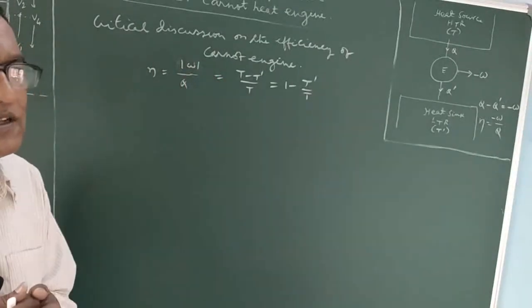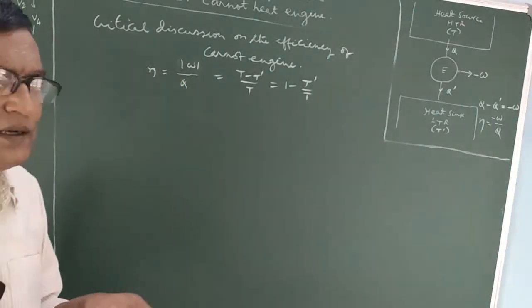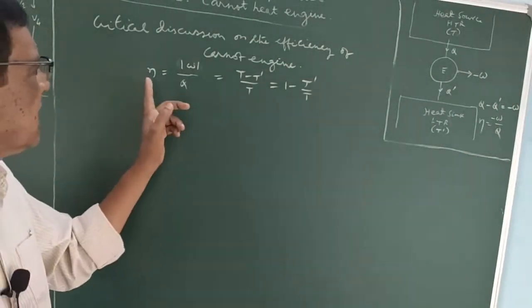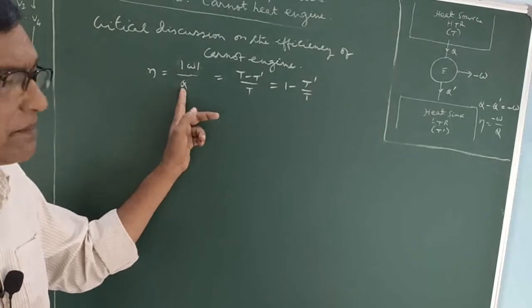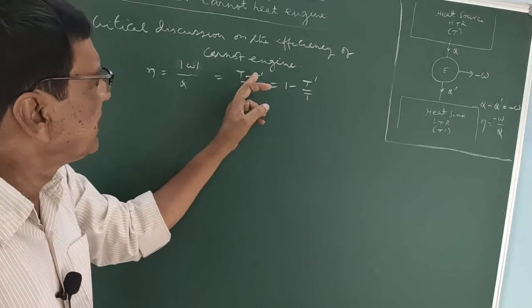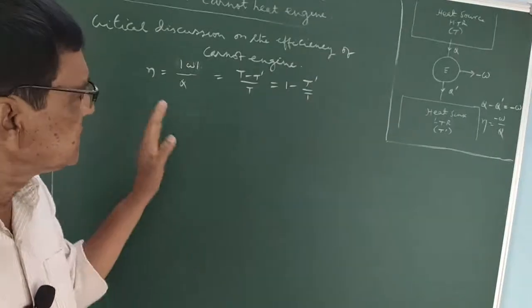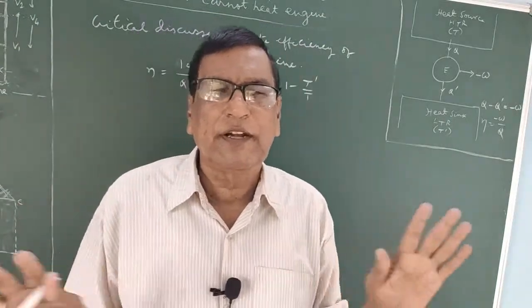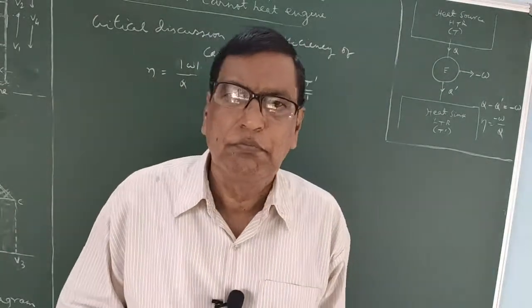This is the magnitude, and if we give a sign, then it is minus the work done by this engine according to the IUPAC convention. So this eta, the efficiency, equals the work done by this engine divided by Q, the heat supplied from the hot reservoir, which equals (T minus T dash) by T, or 1 minus T dash by T. This is the expression of the efficiency of the Carnot engine, which is a perfectly idealized engine, and the maximum efficiency you can get is from this expression.